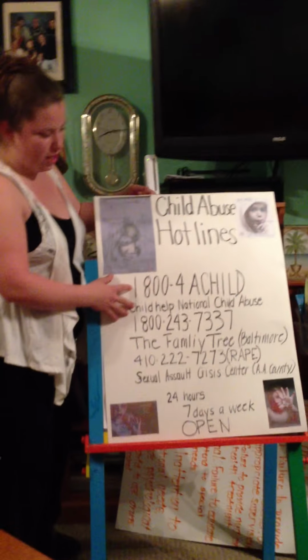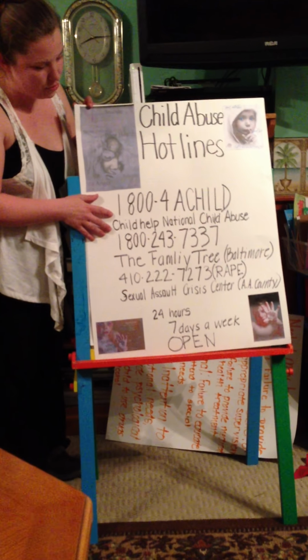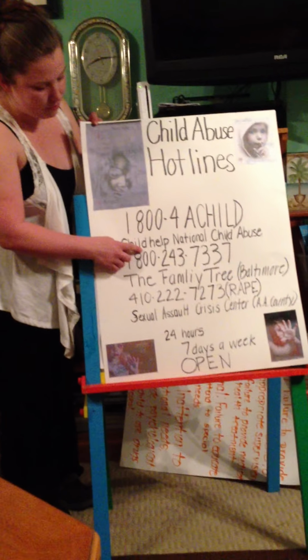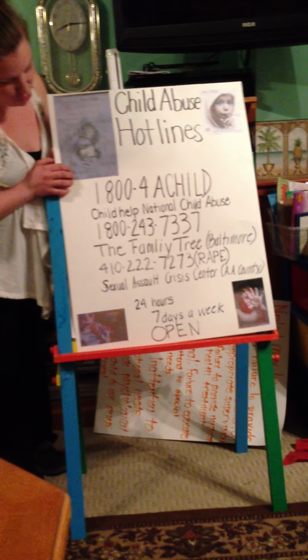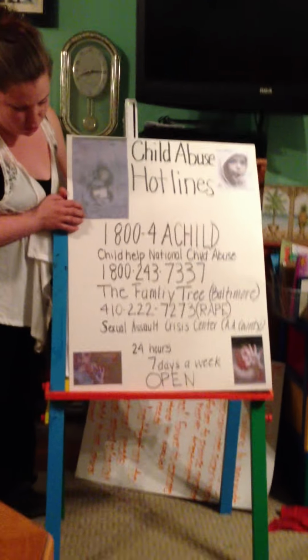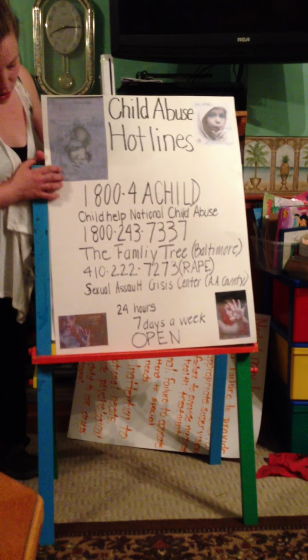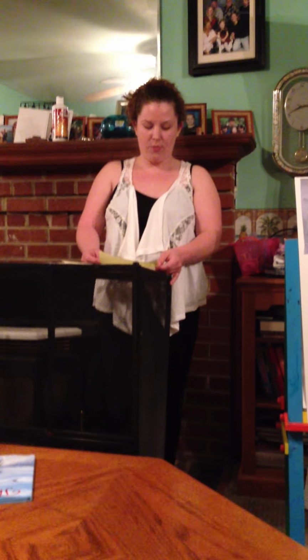Some of the hotlines include 1-800-4-A-CHILD, which is the Childhelp National Child Abuse Hotline, 1-800-243-7337, which is the Family Tree Hotline in Baltimore, or 410-222-7273, which is the Sexual Assault Crisis Center in Anne Arundel County, and they're all open 24 hours, 7 days a week. If you know someone who has been abused, get some help.